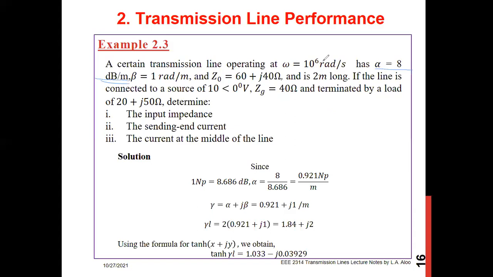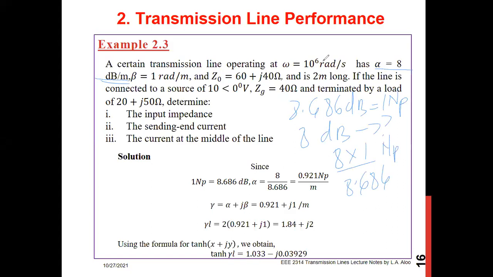We have that 8.686 decibels is equivalent to 1 neper. So 8 decibels will be equivalent to 8 times 1 over 8.686 nepers, and because the decibel here is per meter, this will also be nepers per meter.